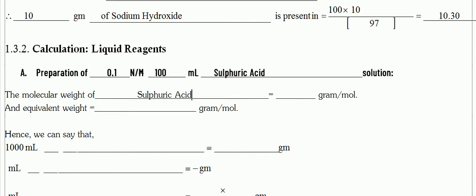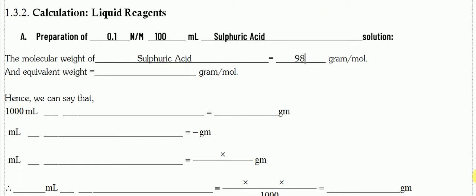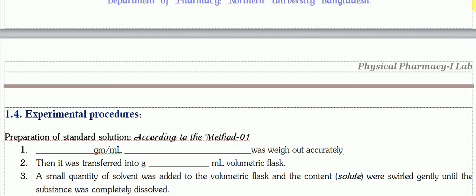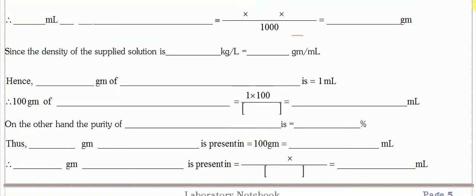The molecular weight of sulfuric acid is equal to 98 gram per mole. It is an approximate weight, but the actual weight may contain a fraction, and that will be found in the labeling of the container.